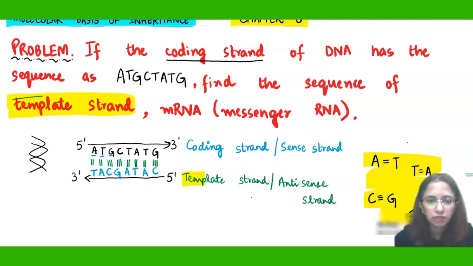So here this is our template strand and we have found it out. The template strand is always 3' to 5' and the sequence in it would be TACGATAC, right? We are done with our first part. Now let's move ahead.